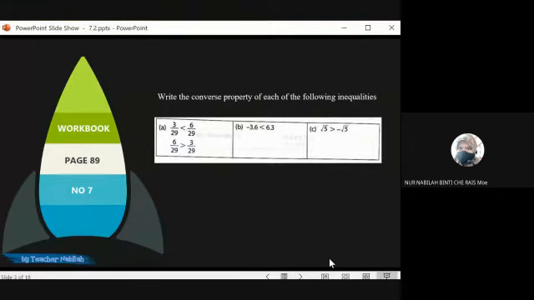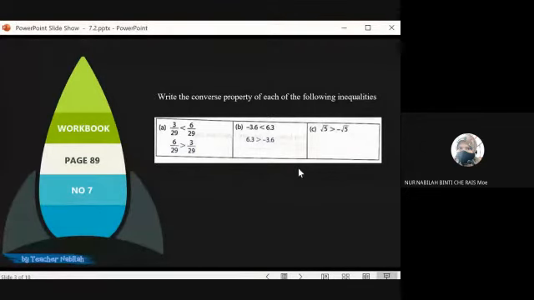How about B? Negative 3.6 less than 6.3. So we can write down as 6.3 more than negative 3.6. And then square root 5 more than negative square root 5.